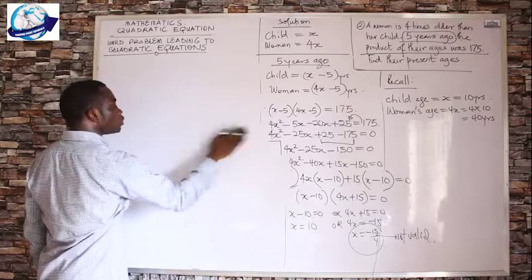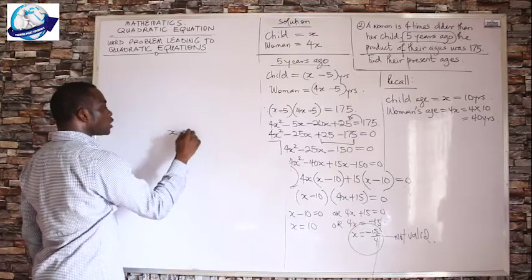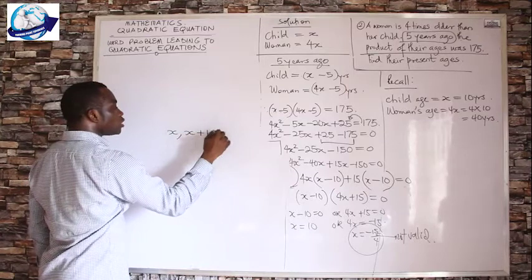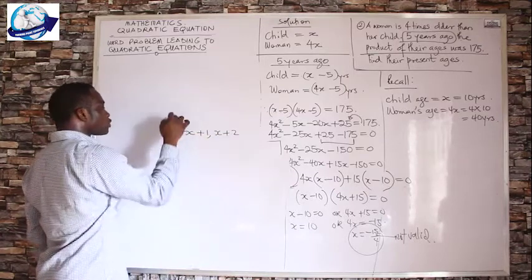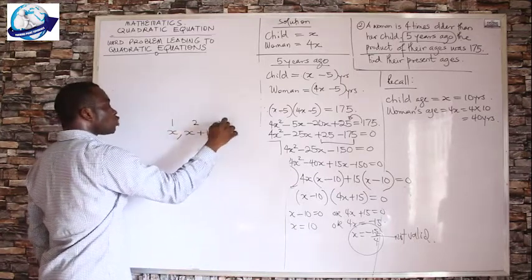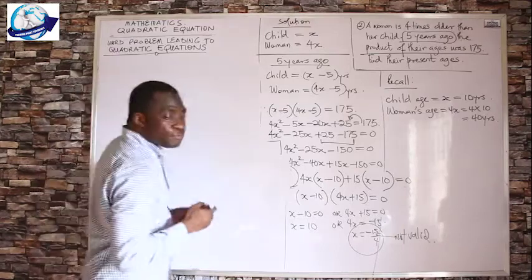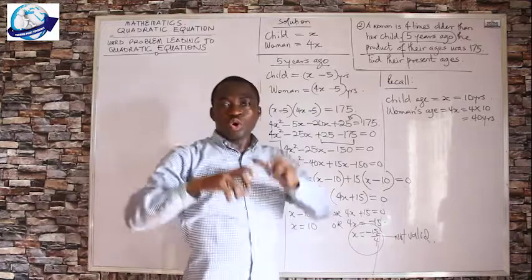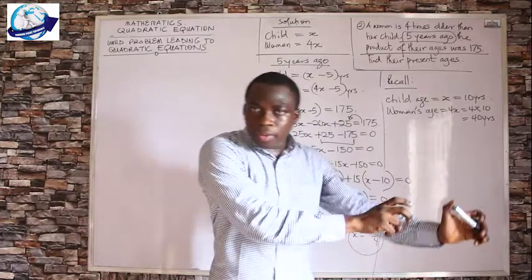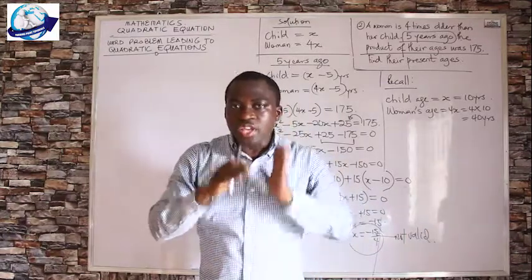So when I say consecutive numbers, I mean take x, comma, you add plus 1, plus 2. So this is first consecutive, second consecutive, and the third consecutive number. But what if the examiner says, find 2 consecutive odd numbers or 2 consecutive even numbers?